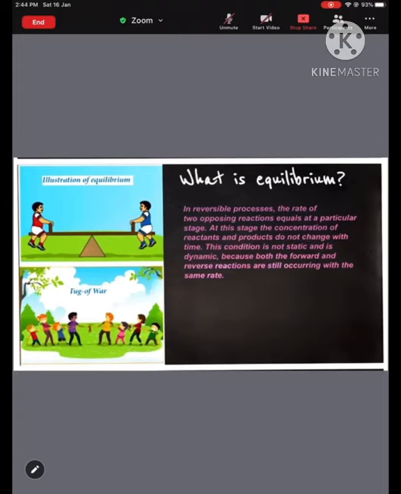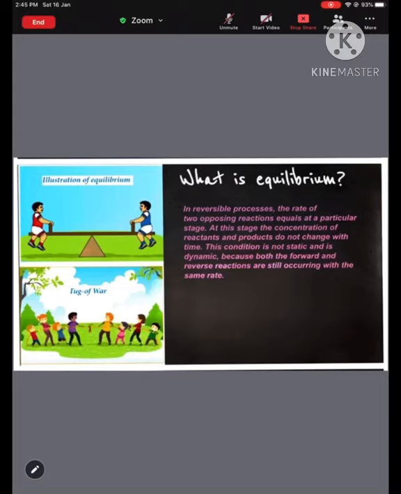So can you see these two images? What really happens here? In the first image you can see two boys playing on a seesaw. What happens when you sit on a seesaw? It will go up and down. But here the seesaw is not moving and is in a stable position.